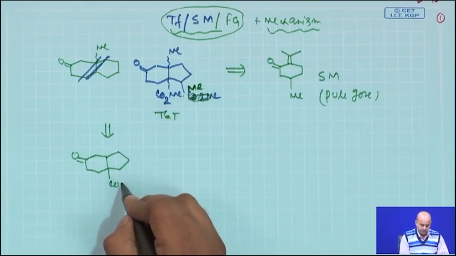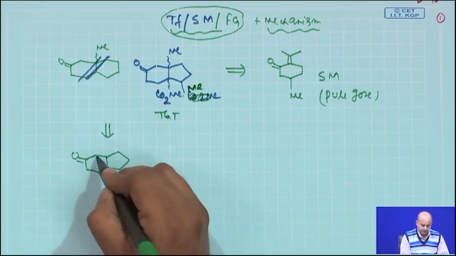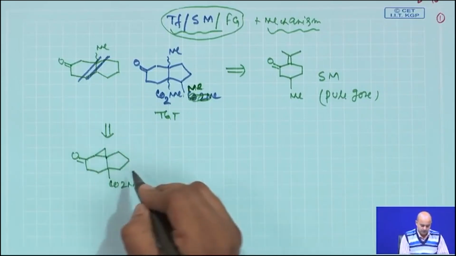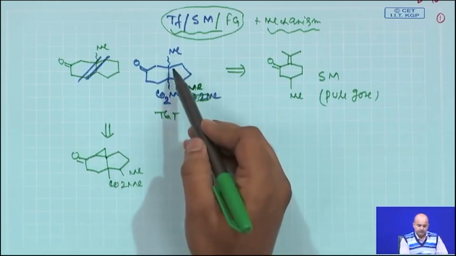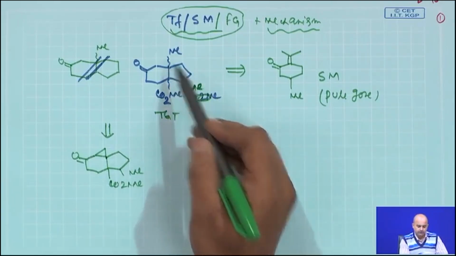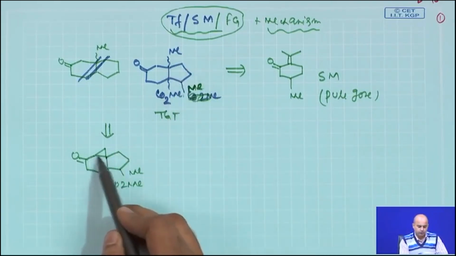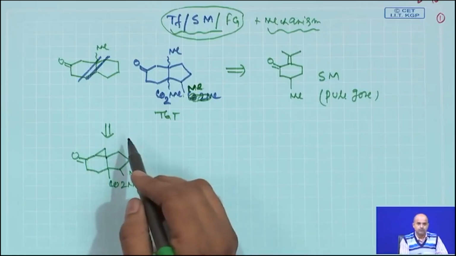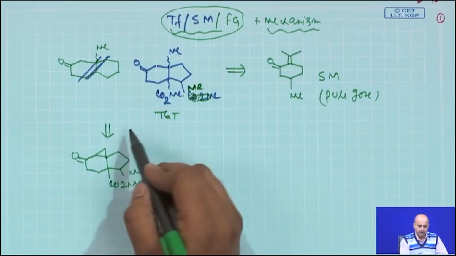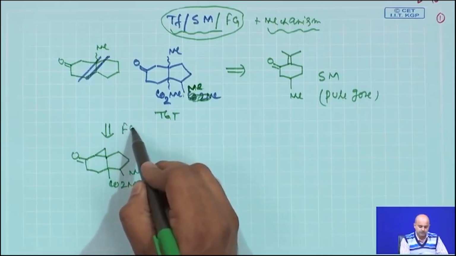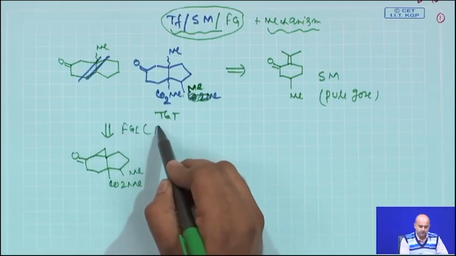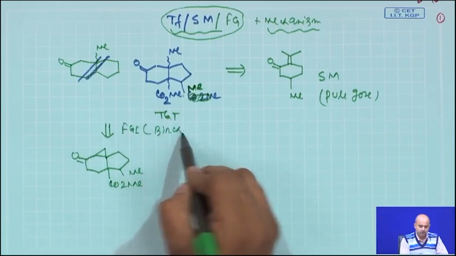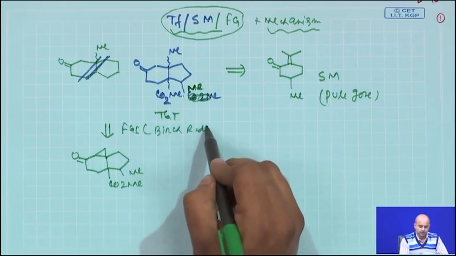Now, if you have this molecule, the angular methyl we will try to introduce through a cyclopropane cleavage, the mechanism which we just explained in the earlier slide, by a simple FGI through a Birch reduction or sodium liquid ammonia reduction.